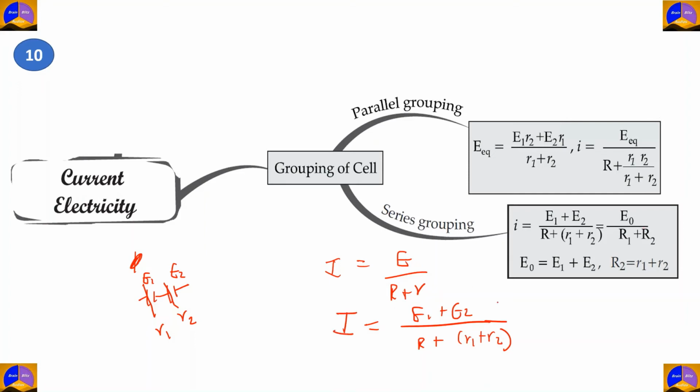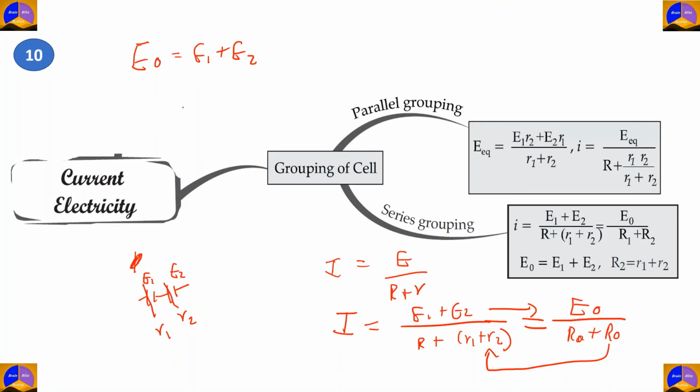And so we can calculate it as E1 plus E2, which is the sum of the EMFs, as E naught, and R plus r naught, where r naught is the sum of the internal resistances of both the electric cells. So when we compare these two equations, we will get the total EMF of the combination as the sum of the respective EMFs of the cells.